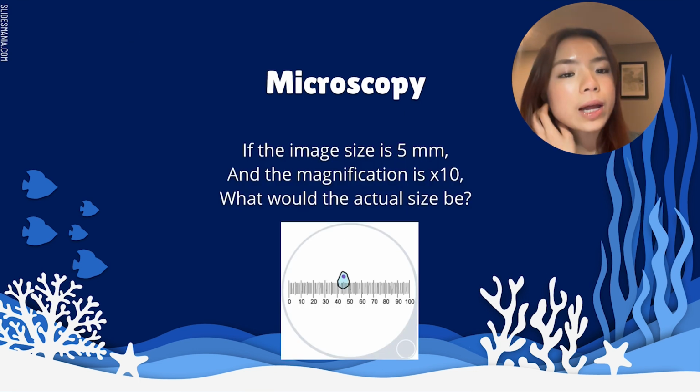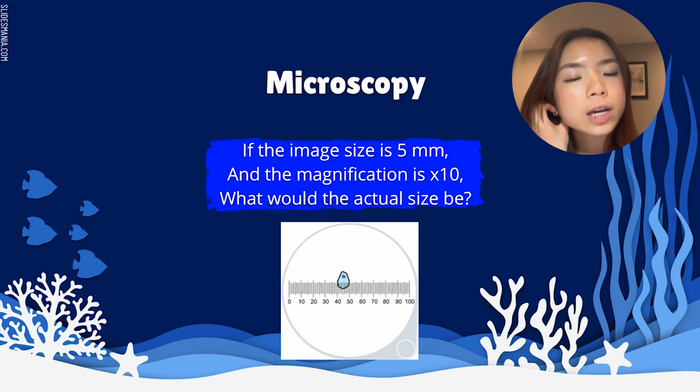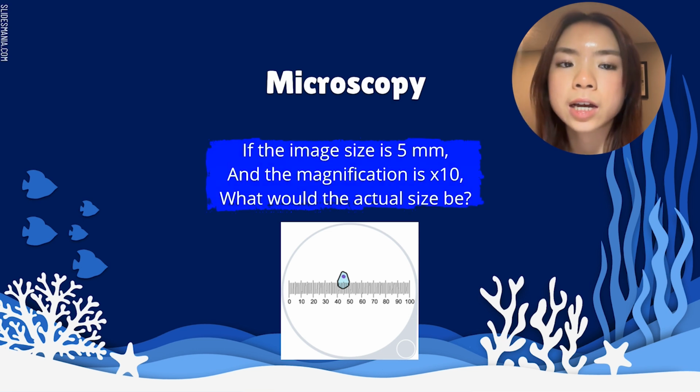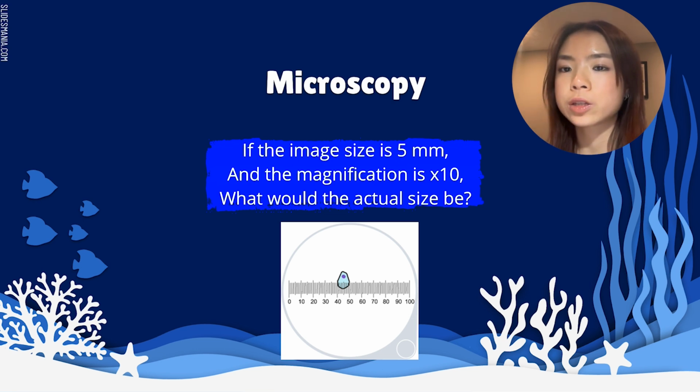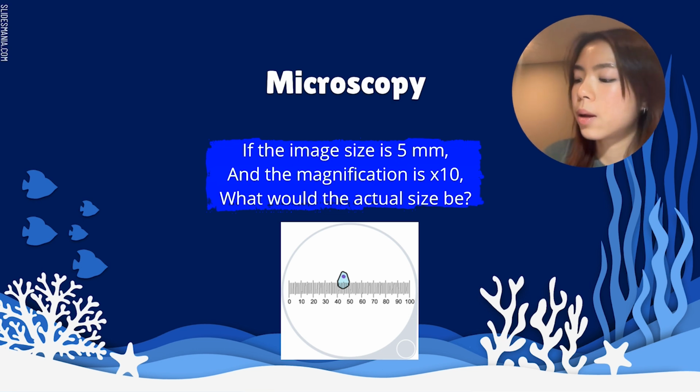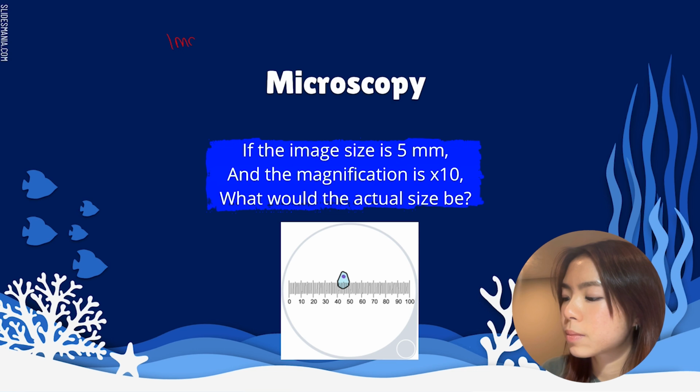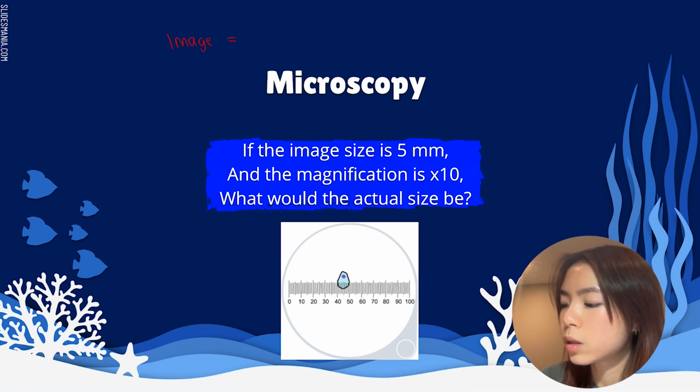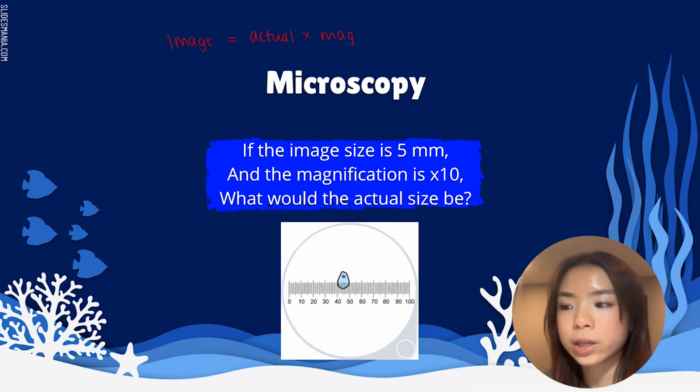Now let's apply this to a question. The question says the image size is 5 millimeters and the magnification is 10 times. What would the actual size be? What they're saying is image size equals actual size times magnification. So when in doubt, write out the equation.